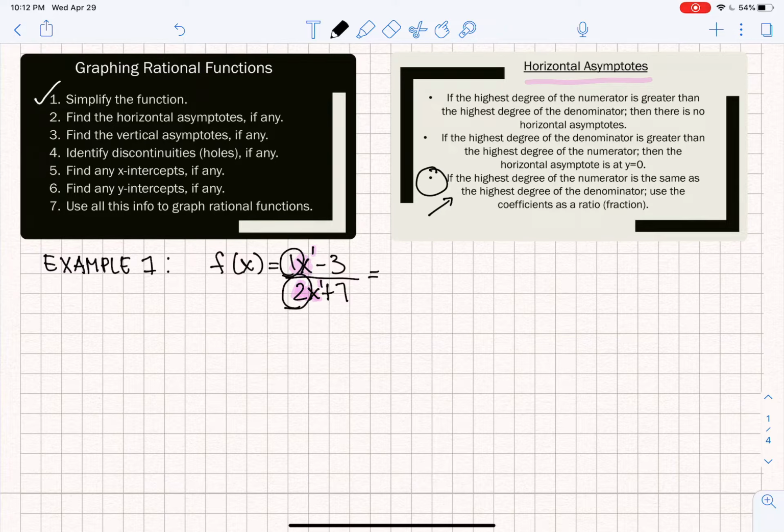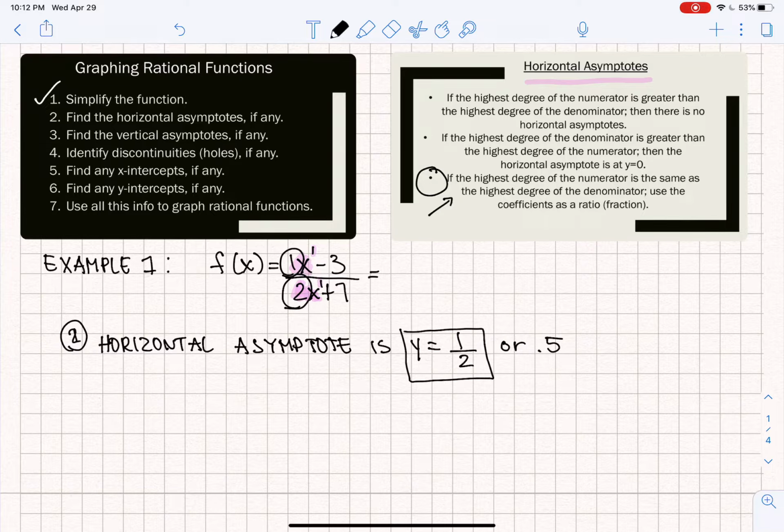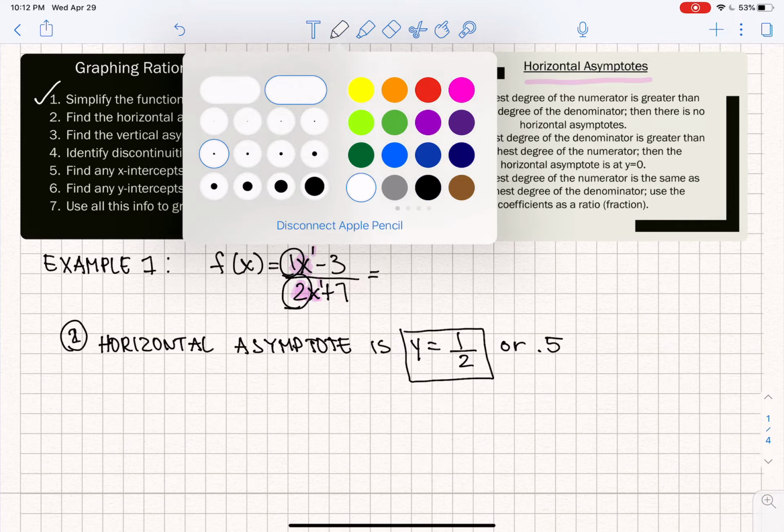My horizontal asymptote is y equals 1 over 2, or 0.5. This is our horizontal asymptote. So we did the second one, check. Now let's go to the next part.